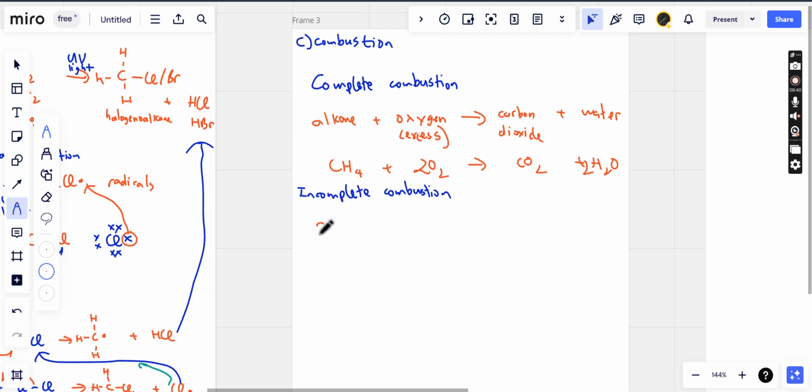But for incomplete, you have an alkane, then plus oxygen in limited supply, you produce carbon monoxide, and then you will still get some water.